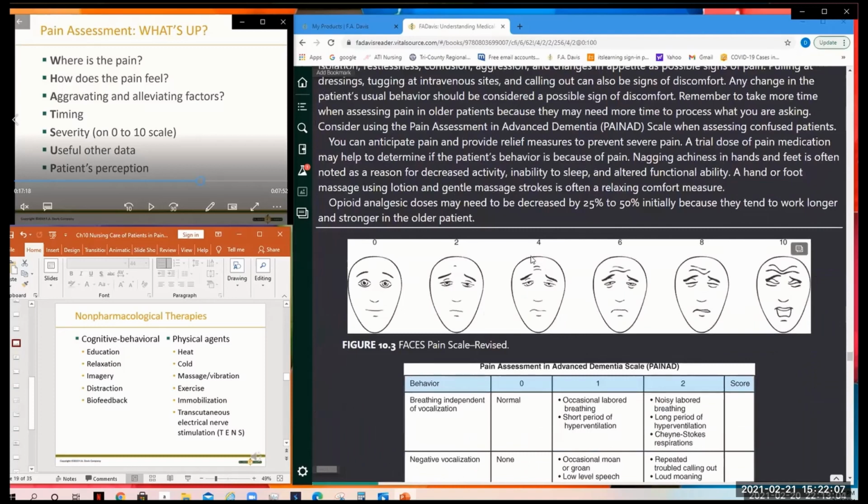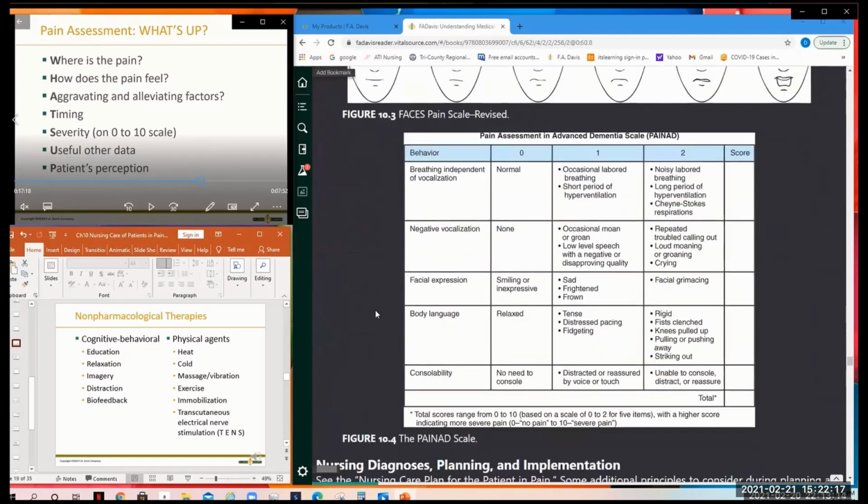Figure 10.3 shows the FACES pain scale revised with 0, 2, 4, 6, 8, and 10. Figure 10.4 shows the PAINAD scale, which is for assessing pain in advanced dementia. So the first thing you're going to look at is if they are breathing independent of vocalization.